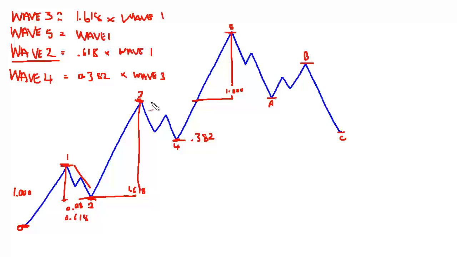All that's saying is, in order to find wave 4, we need to calculate 0.382 of wave 3. So whatever this move is from wave 2 up to wave 3 could be 161.8 pips, like we was talking about before, because it was a 61.8 extension on from wave 1 up to form wave 3.